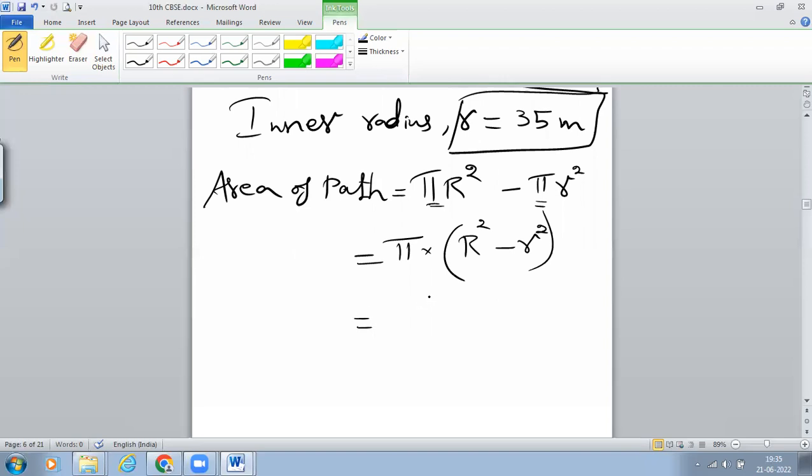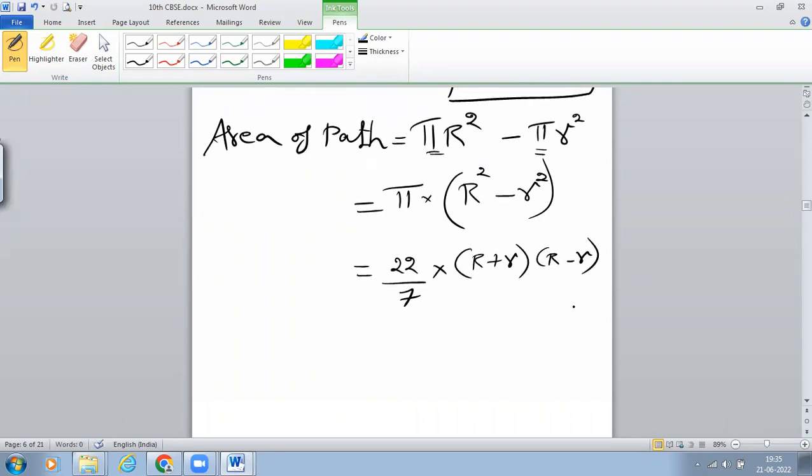Okay, now the next step: I'm not going to substitute as it is. In this question, they have not mentioned any value for pi, so I can take it as 22 by 7. If they mention it, you have to use 3.14, otherwise you can take 22 by 7. Into, now listen, this is of the form a square minus b square. We know a square minus b square is a plus b into a minus b. So I'm using R plus r into R minus r for capital R square minus small r square.